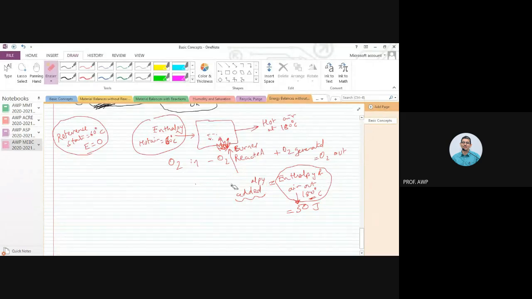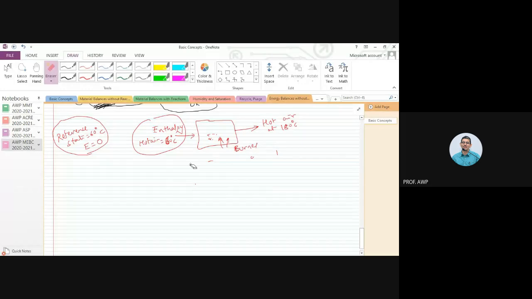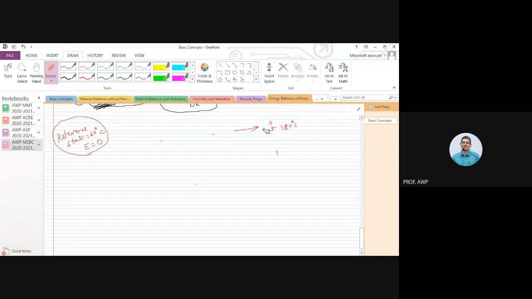We might want to put some number on enthalpy. Don't worry if this is not clear to you, it doesn't matter. We will start doing problems and then all these things would be fairly straightforward. Let's take some examples.